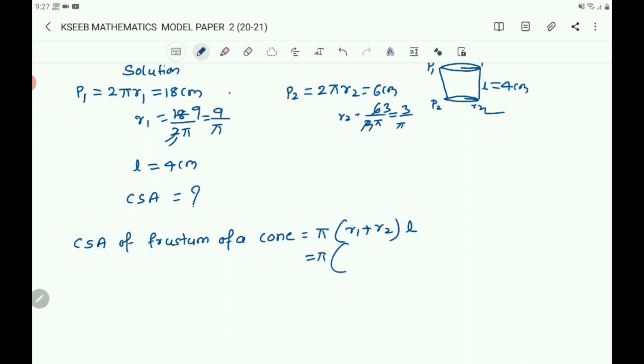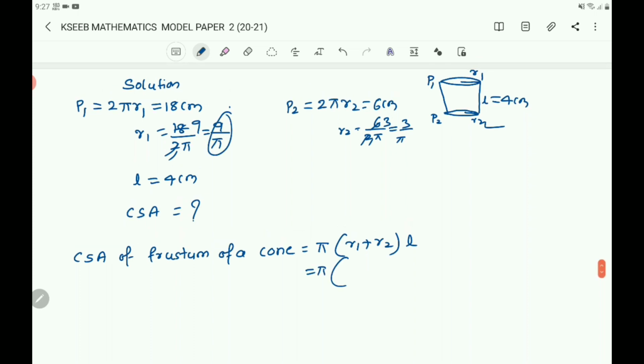And R1 you got, that is 9 by pi. Plus R2 you got 3 by pi. L is given, that is 4 centimeter.